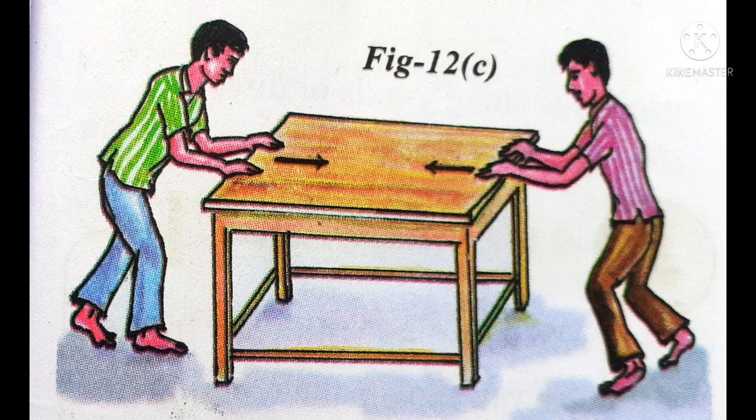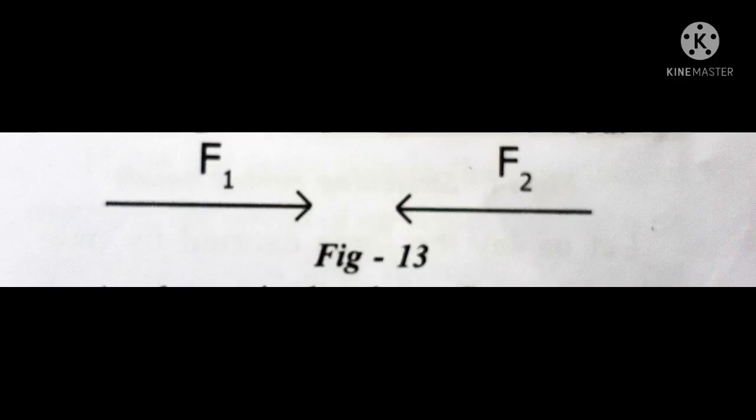When your friend pushes the table from the opposite side, the table doesn't move if both of you apply force with equal magnitude. Let us assume that one of you exerts a larger force. What will happen? Why? All forces have both magnitude and direction.